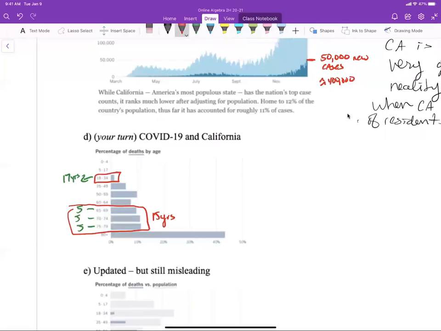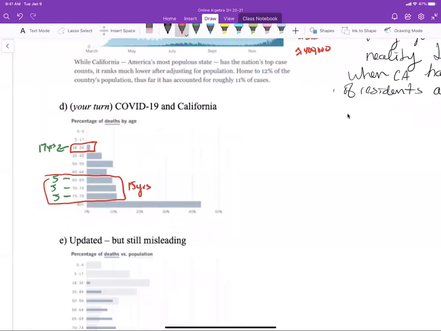So the bar widths are potentially trying to scare you. I don't know what the motivation is, but the risk for the older population is substantially greater than for the younger population. This is very misleading.